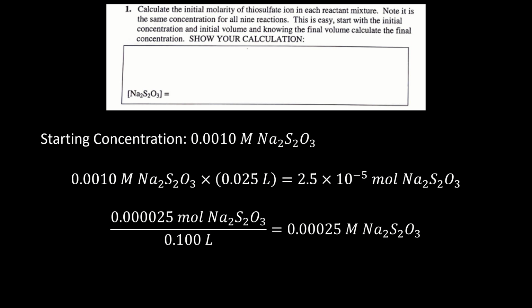And since in each of your trials the final volume is going to be 100 milliliters, we can take that mole amount of sodium thiosulfate, divide it by 0.1 liters, and that gets us to the molarity, or the answer for question 1, 0.00025 molar sodium thiosulfate.